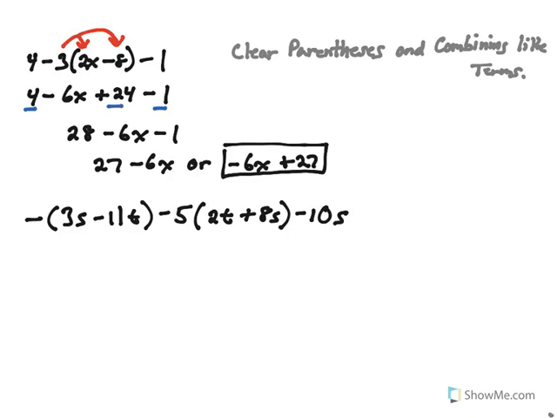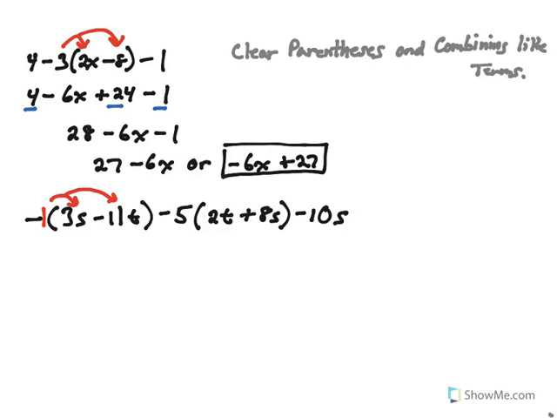Okay, so this will be the last problem. And we're going to distribute the -1 here and the -5 here. So we need to distribute -1 times 3s and -1 times -11t.